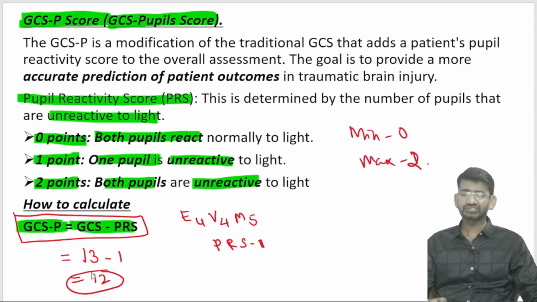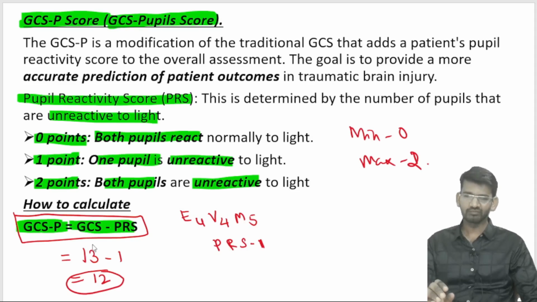So what does this GCS-P score indicate? What is the interpretation? Why do we need to assess the GCS-P score? This score helps you predict the patient's outcome.